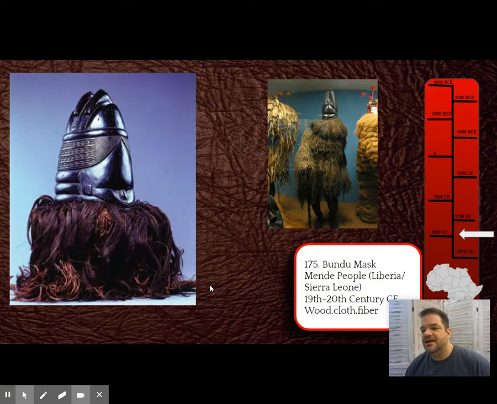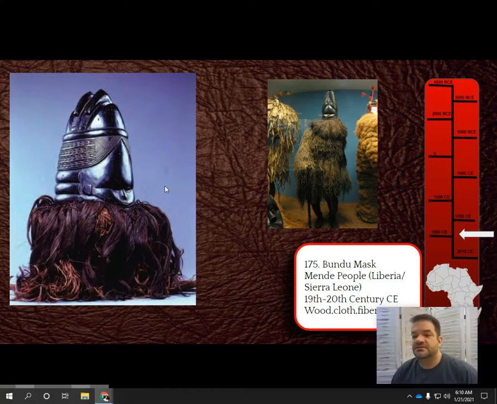Now in Sierra Leone and in Liberia, the Mende people are going to come of age differently. They celebrate coming of age with the Bundu Mask. And here is a Bundu Mask, and here was the full costume of what would be worn with it.